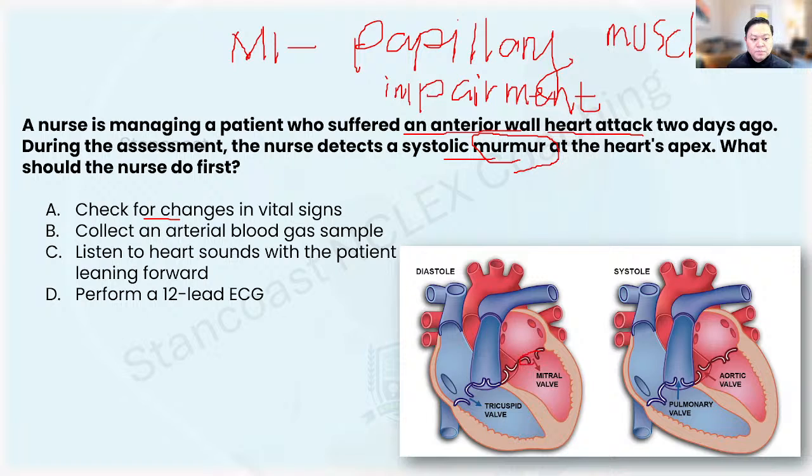Okay. So again, if there is a damage to the papillary muscle as a complication to the MI, it can cause problem into the proper closure of the mitral valve during the systole and also the diastole.